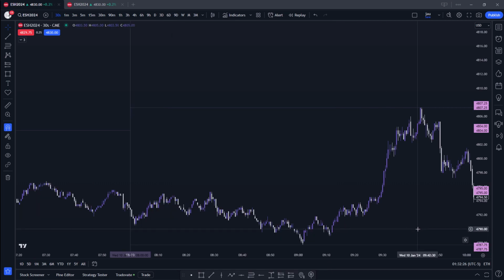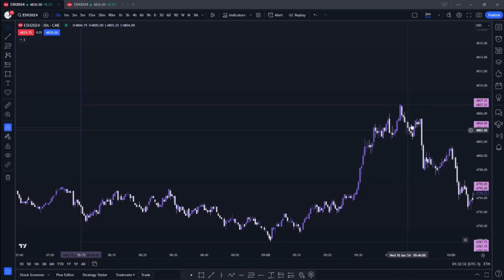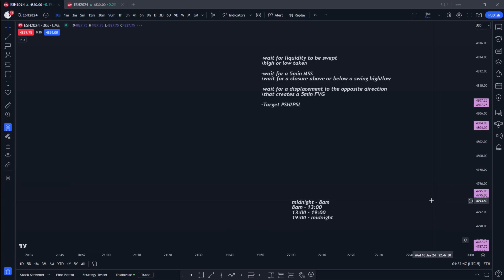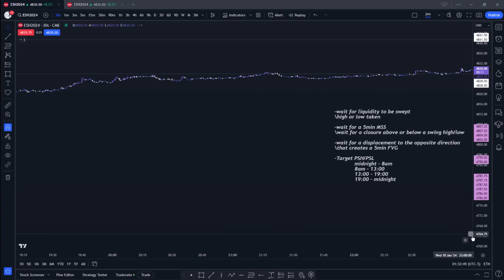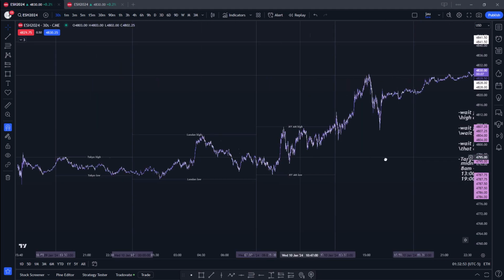Okay, I'm not sure why it's not showing. I think it's straight away doing its thing again. But normally it would have shown my execution, but I took the trade there and I closed off there because I was aiming for a 2-to-1 risk reward. I would have gotten it if I also aimed for a 3-to-1 risk reward. I would have gotten it also.